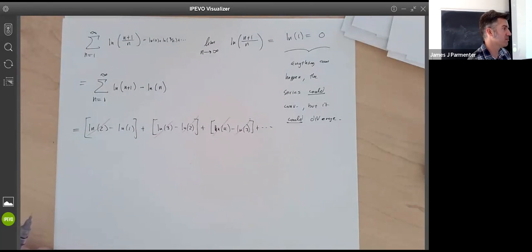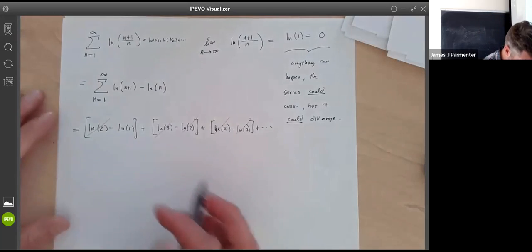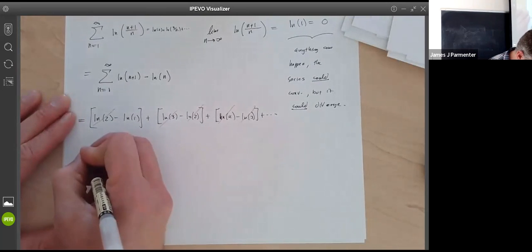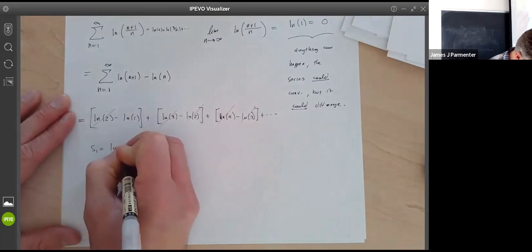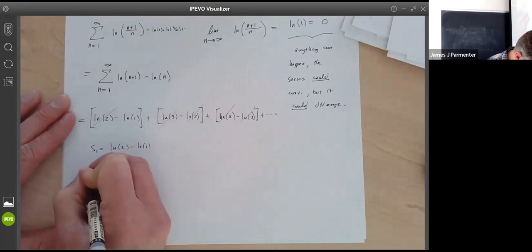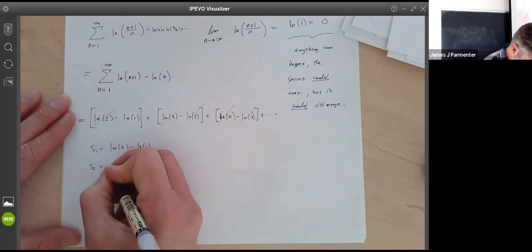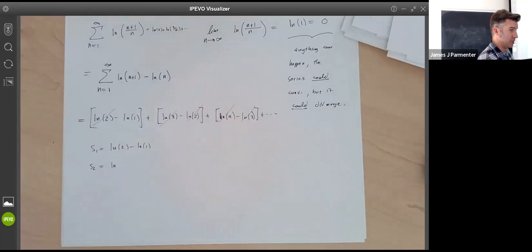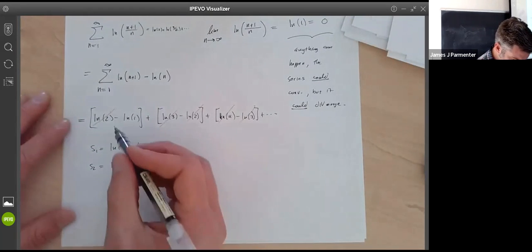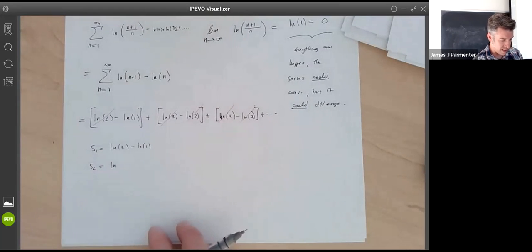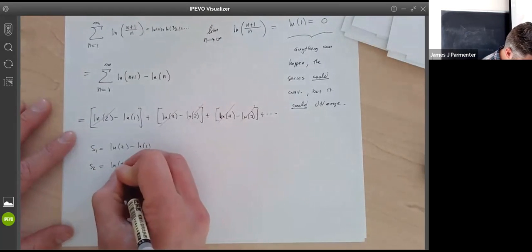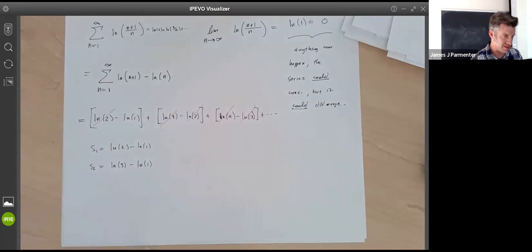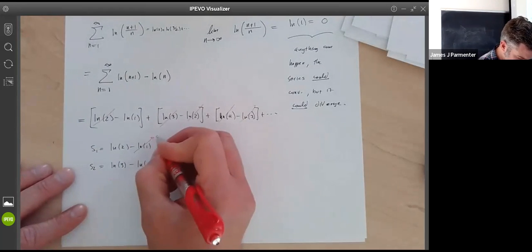What's going on here? Well, we need to be more careful. So let's write out our sequence of partial sums. The first partial sum, natural log of 2 minus natural log of 1. The second partial sum, I'm going to try and cut to the chase here because we're short on time. If I add the first two things together, what do I get? Well, I still get the natural log of 3 minus the natural log of 1.